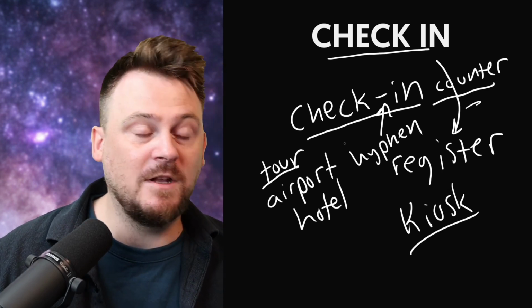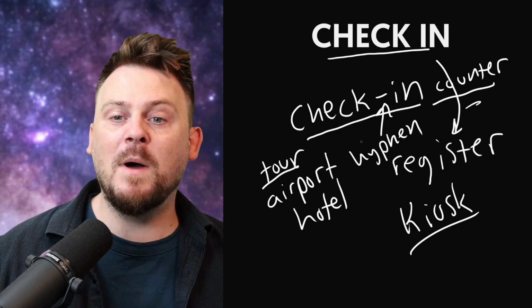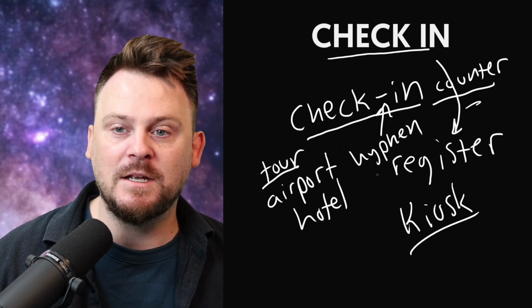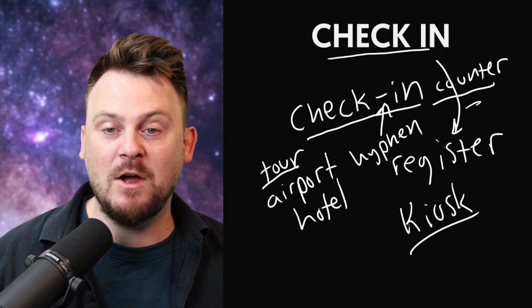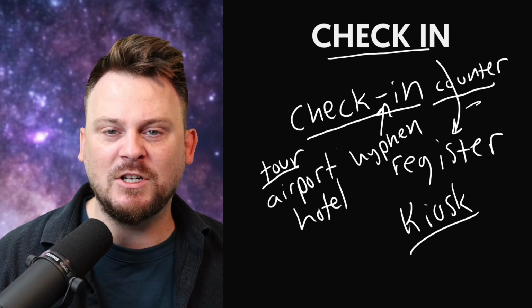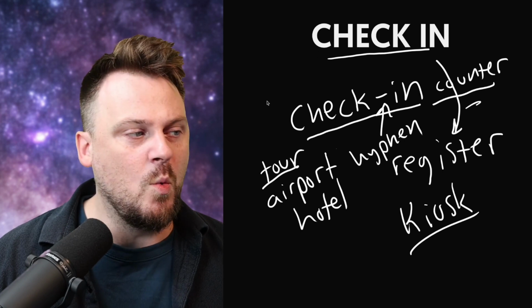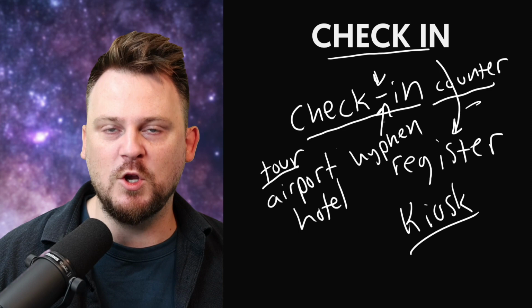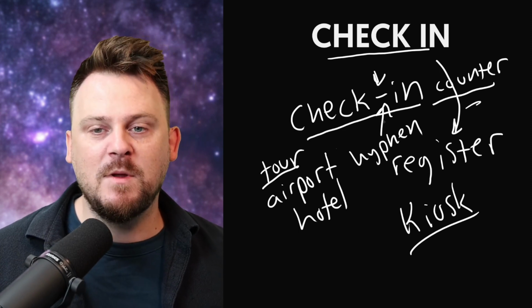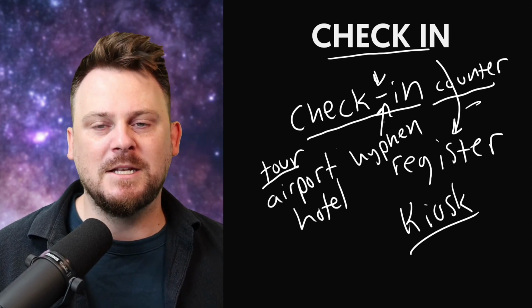Well, what's the adjective that goes in front of that? How about a check-in kiosk? A check-in kiosk, a check-in counter. So if it's used as an adjective in this way, we can say, or rather write it with a hyphen. Use it as an adjective. And again, it can be used as a noun as well, but not as often.